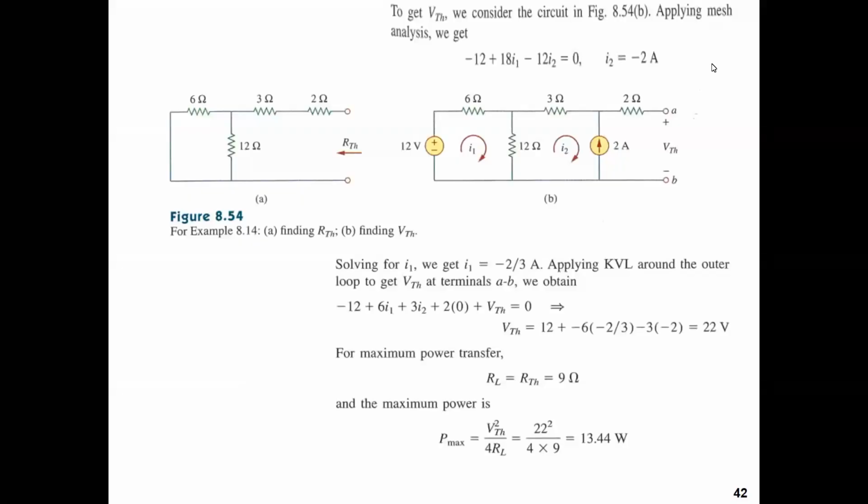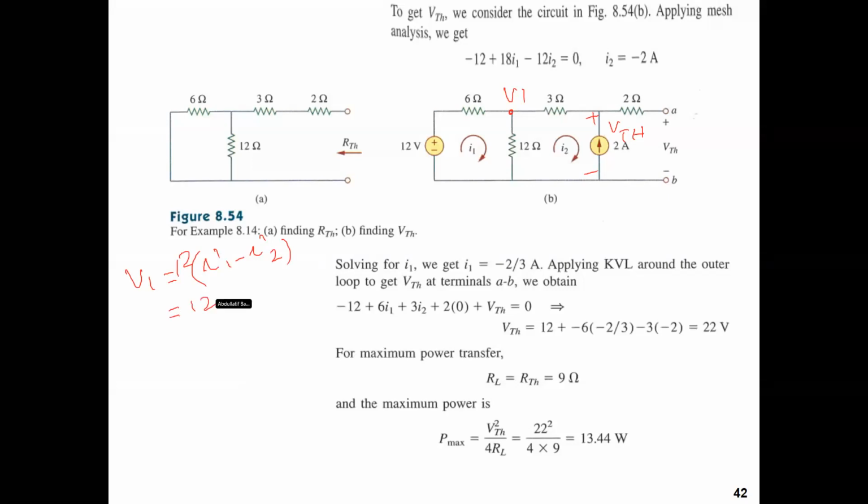Okay, so let's find VTH again across the 2 amp current source. Let's use this loop again, and let's call this voltage V1. So V1 is equal to I1 minus I2 multiplied by 12.